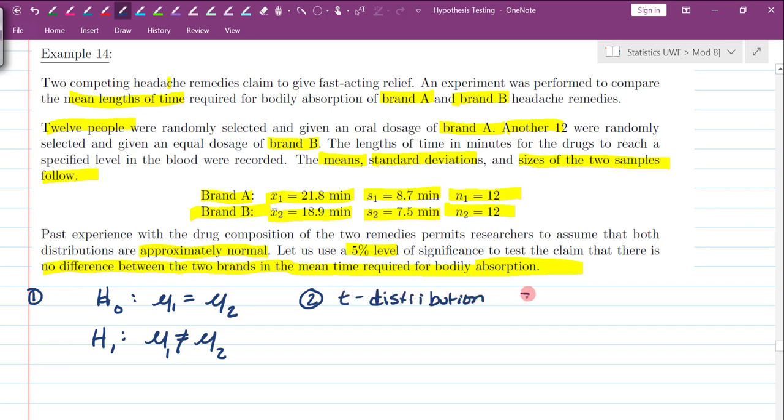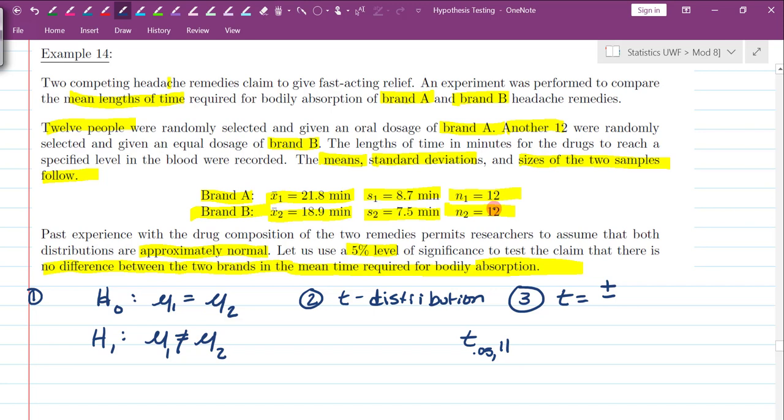Step 3 says find the critical value. Well, we're going to have a positive and negative, and it's going to be a t. So t is equal to positive and negative some value. It's going to be t at 0.05 for a two-tailed test, and the degrees of freedom is going to be 11 because both are the same size, so it's just 11.